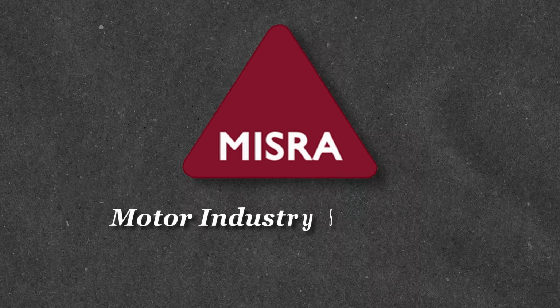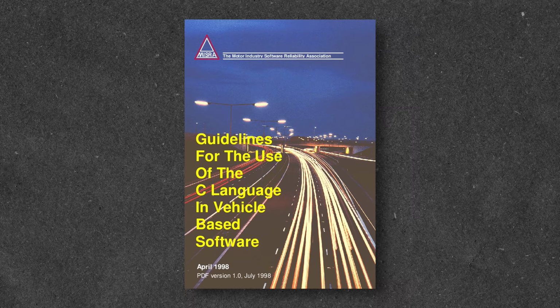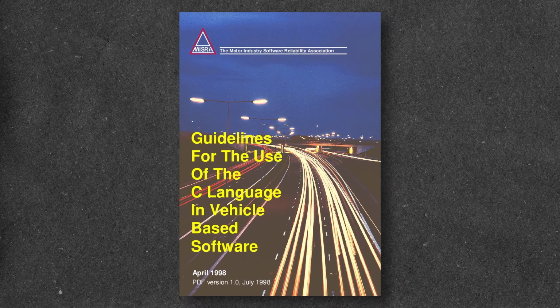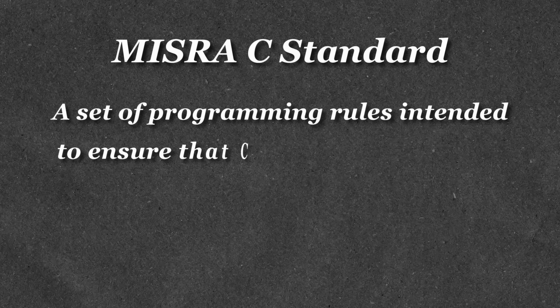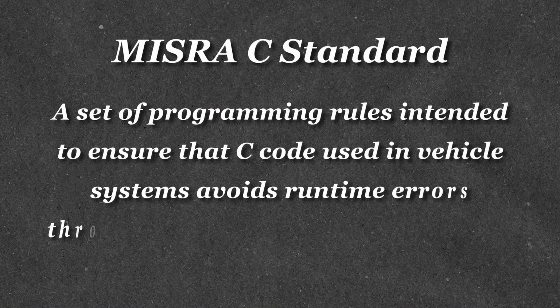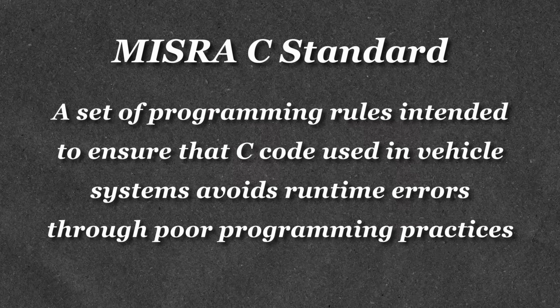Before we land on it as a canonical definition, it's important to understand that more formal models of software reliability exist in various industries. For instance, an association called the Motor Industry Software Reliability Association helped establish standards for embedded software systems used in vehicles, such as the MISRA C standard, which is basically a set of programming rules intended to ensure that C code used in vehicle systems avoids runtime errors through poor programming practices.